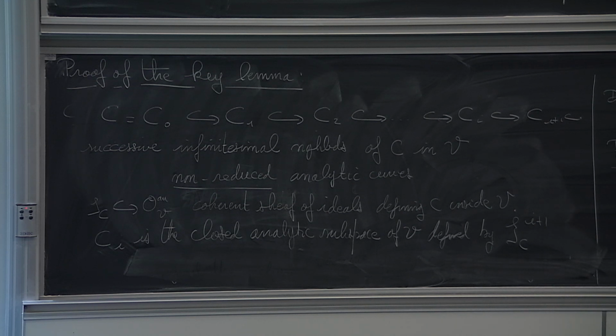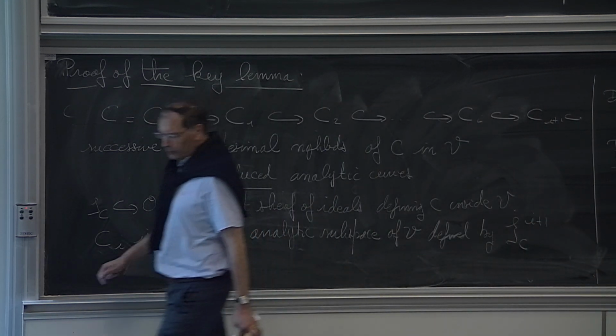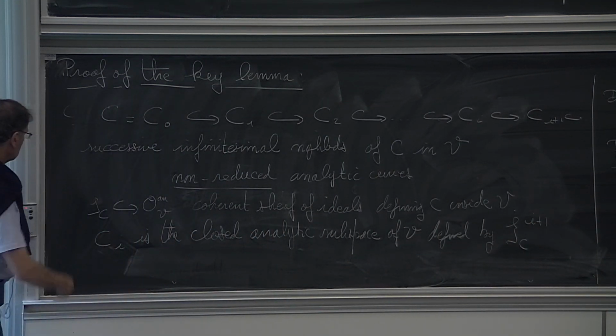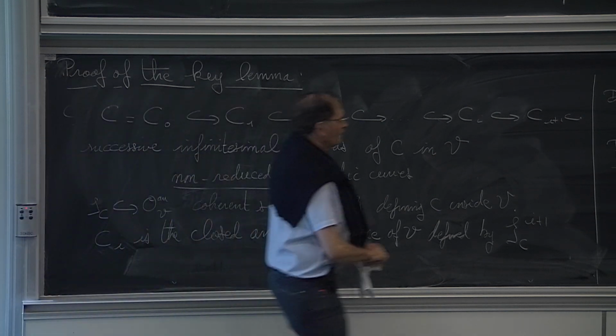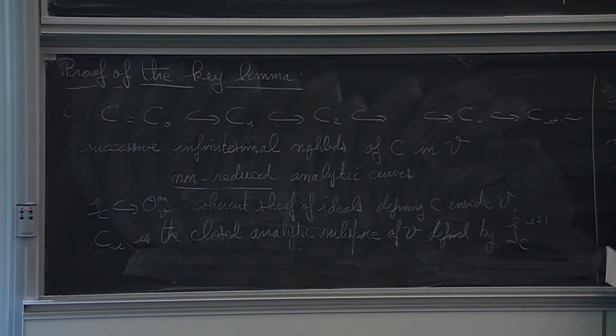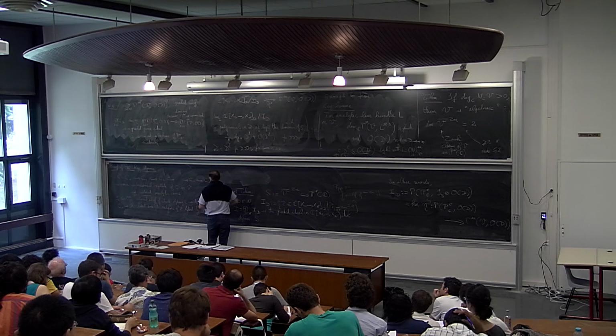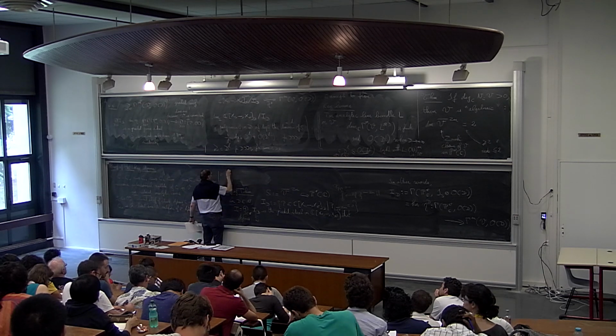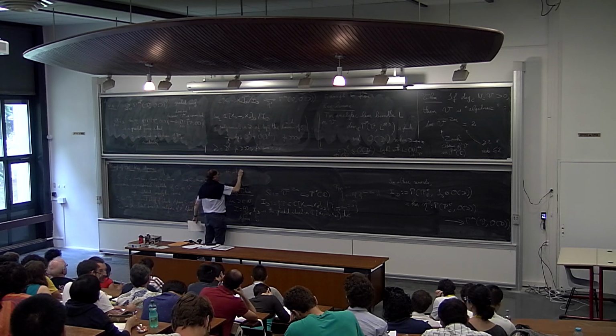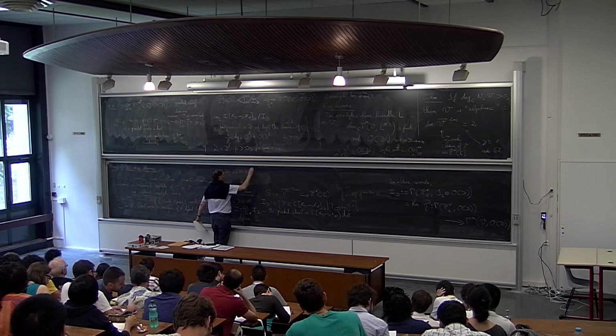Okay? So, formally speaking, as a topological space, it is the same thing as C. The underlying topological space of Ci is the one of C.